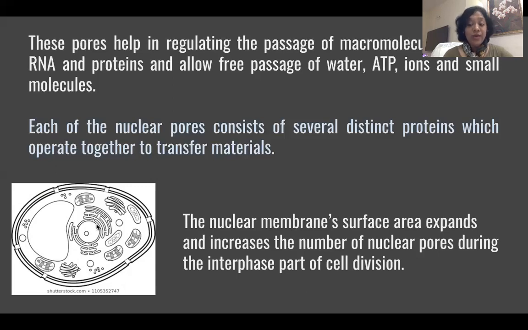That means it has two layers, it is bilayered. On the outer layer you find ribosomes attached, and the outer membrane is attached to the endoplasmic reticulum. The inner membrane is smooth because ribosomes are not present. But the inner membrane is attached to the nuclear lamina. The lamina forms a support system. It gives mechanical support to the nucleus, and it also helps the nuclear membrane to remain in shape.